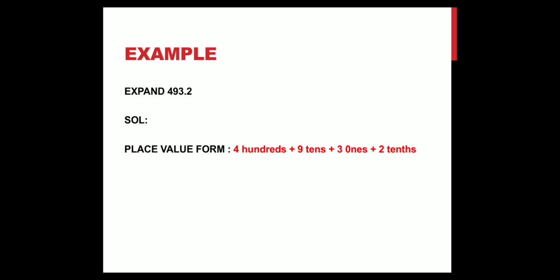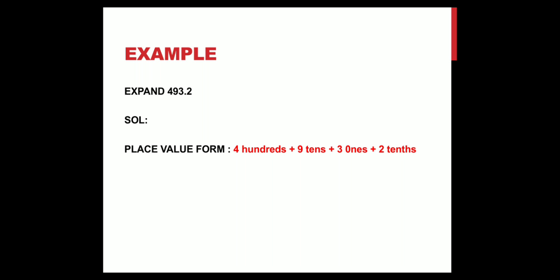The place value for 4 is hundreds, so I write 4 hundreds, plus 9, the place value is tens, so 9 tens, plus the place value for 3 is ones, so 3 ones, plus the place value for the decimal 2 is tenths, so I can write it as 2 tenth. Okay, understood. This is how you write the expanded form in terms of place value.